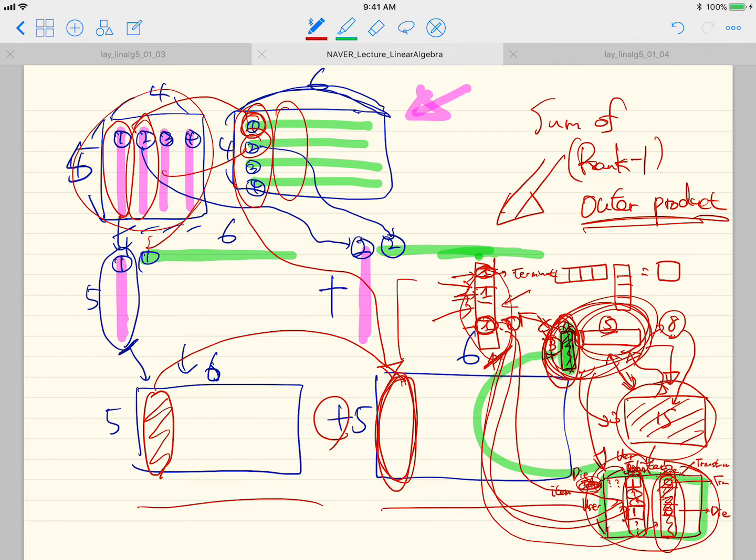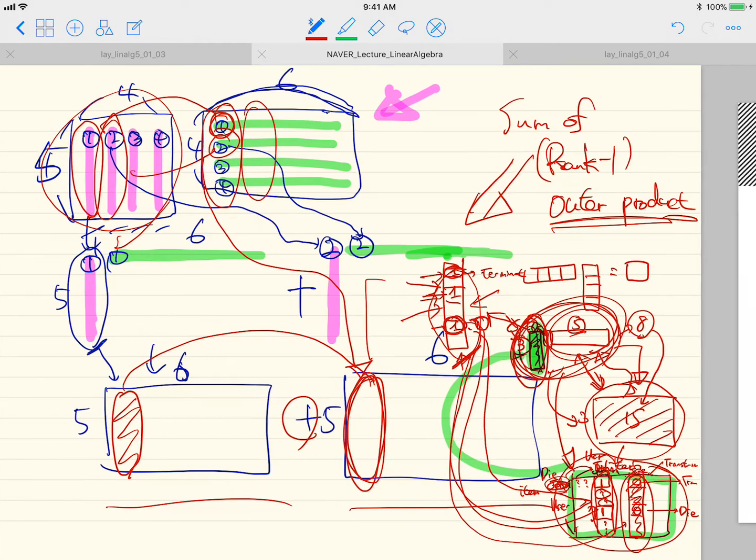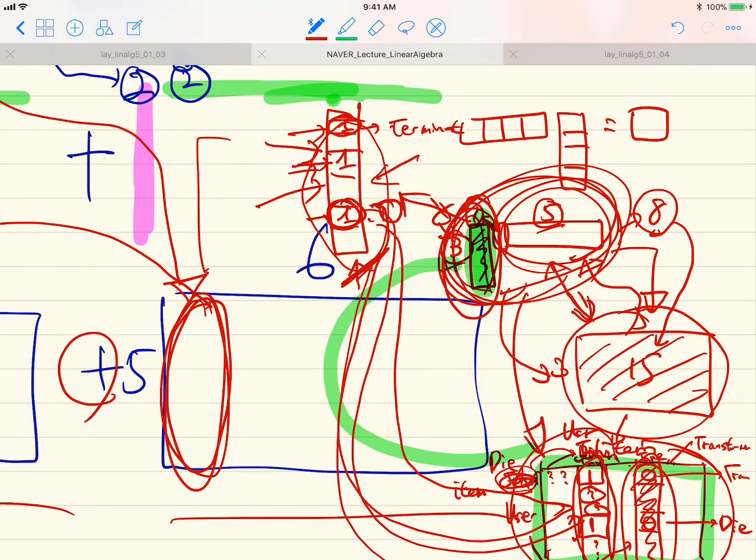I tried to explain how it works, but it's okay even if you do not understand it. When you have a chance to study a recommender system, or more exactly, collaborative filtering, also called 협업 filtering, this collaborative filtering is nothing but matrix factorization based on a sum of rank 1 outer products.